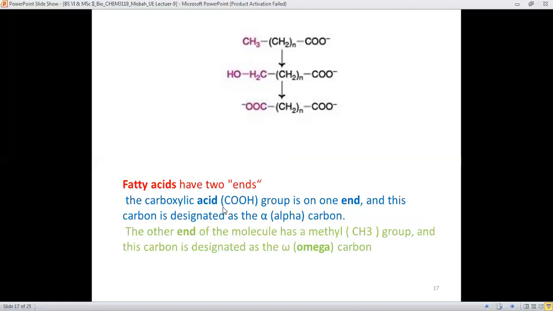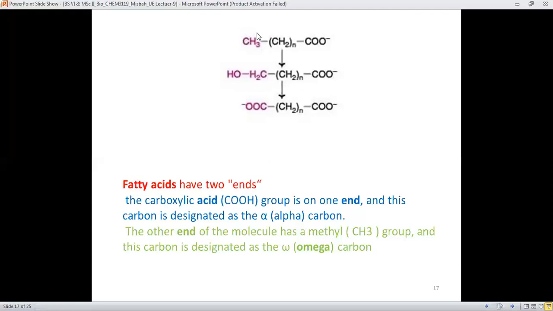Fatty acids have two ends. One is the carboxylic acid end, and the other is the end which contains the methyl group. Therefore, this terminal end is designated as the alpha carbon, and the other end which contains the methyl group is designated as the omega carbon.